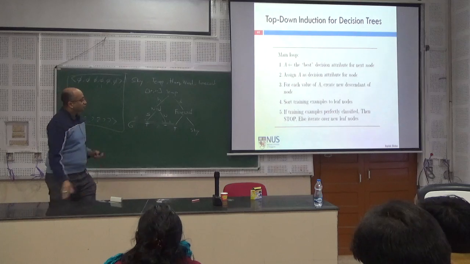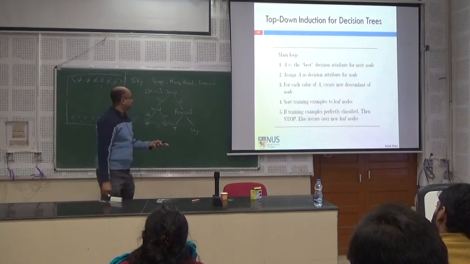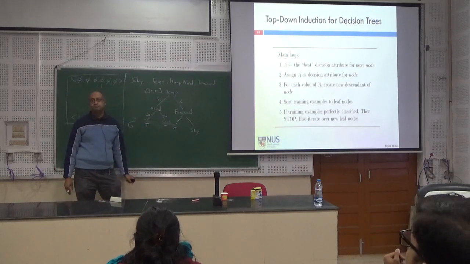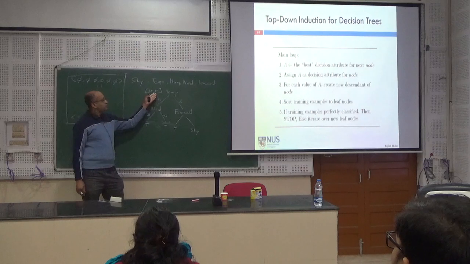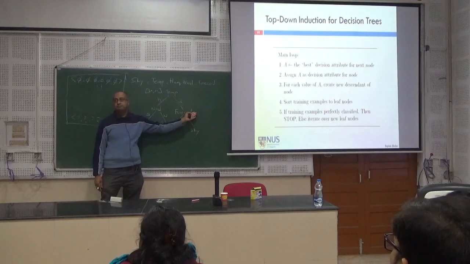Right? So what line number 4 is saying is, now you have split high and low. Some of the positive samples will come here, some of the positive samples will go here.